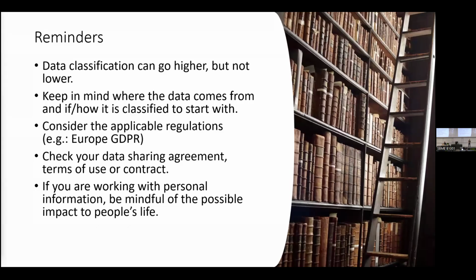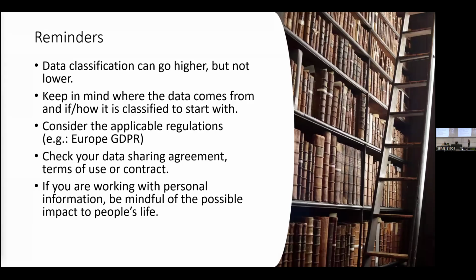So you have to consider a classification considering where the data comes from, and also what it might be classified at from the get-go. If it's data that comes from, say, StatCan, sometimes they have some of their data sets that are restricted, and they'll have a terms of service. So you have to make sure that you meet the requirements that are associated with these terms.